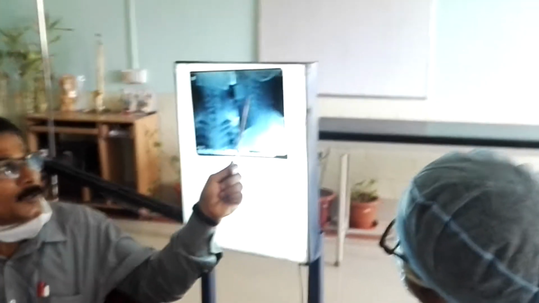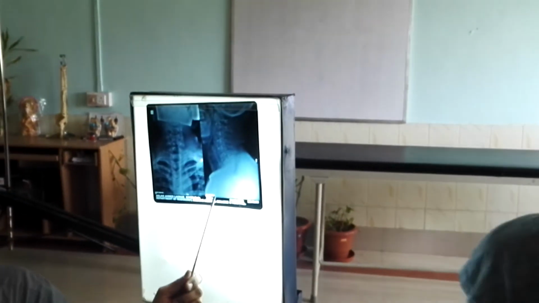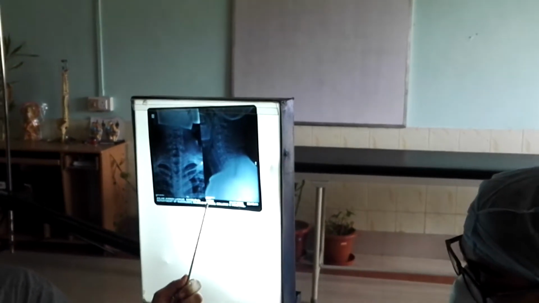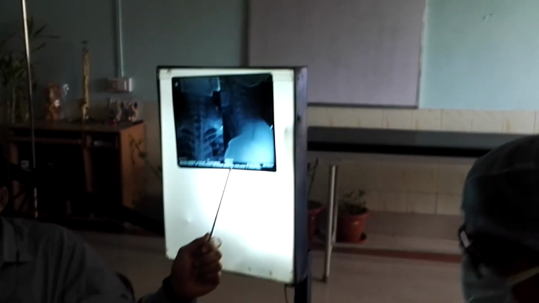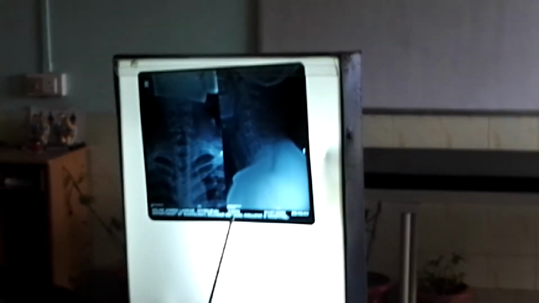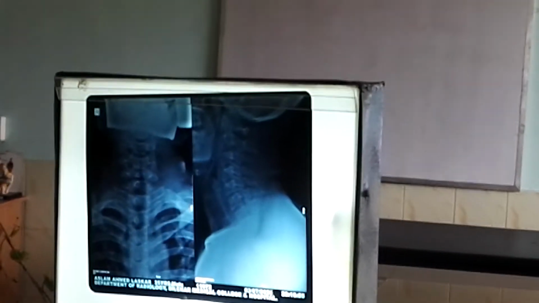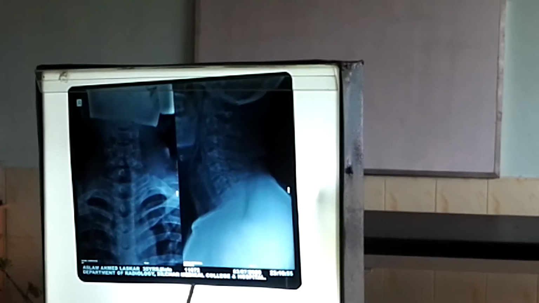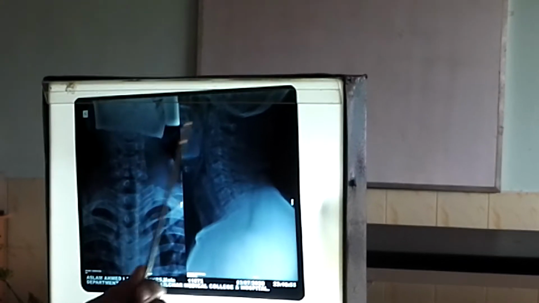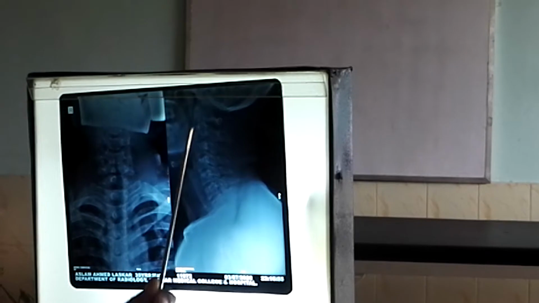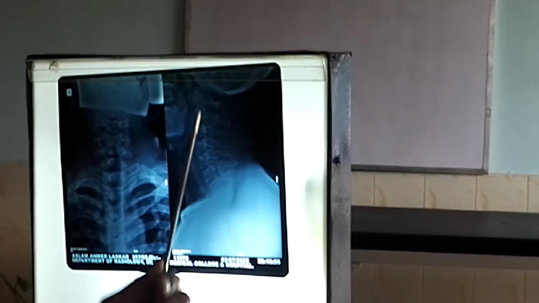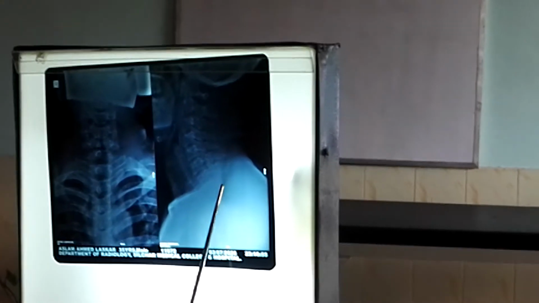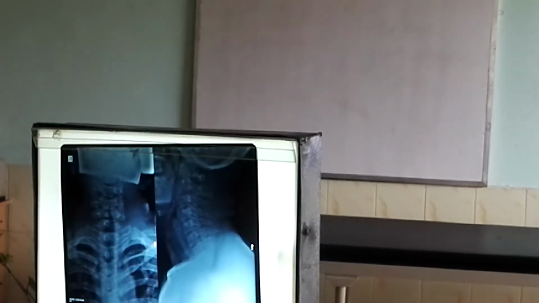Alignment in the sense that you have your lines there. You know the lines in the cervical spine X-ray. There is an anterior vertebral line, a posterior vertebral line, then the third line is the facetal line, then the spinous process line.